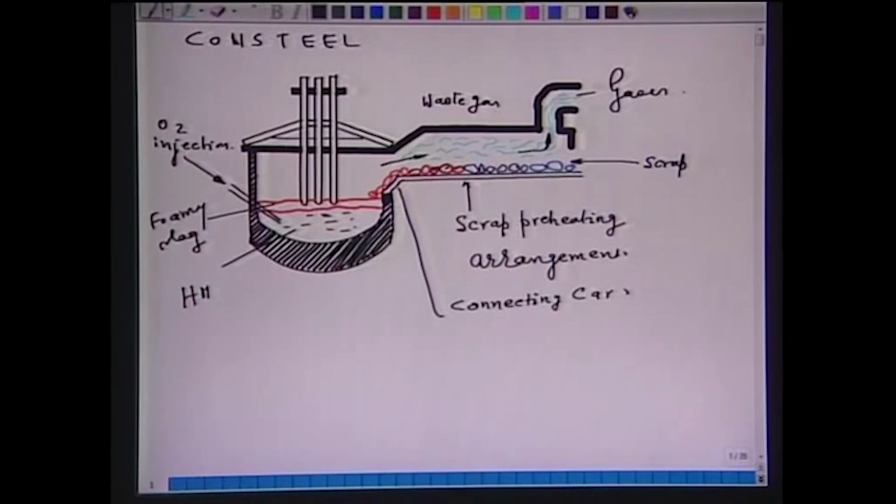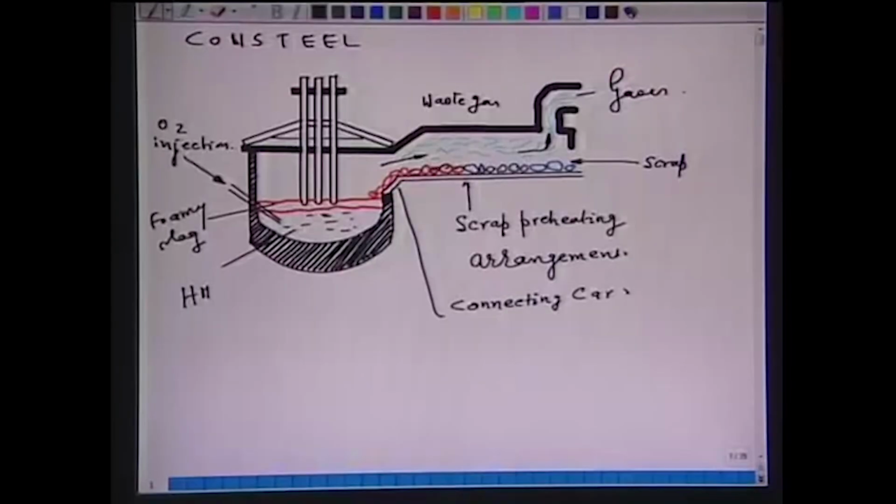Now, it looks very easy, but there are several complications and intricacies involved. One of the main intricacies is that you have to connect the electric arc furnace with the scrap preheating arrangement. Second, you have to optimize the length of this scrap preheating section, such that the desired temperature of scrap could be attained, because the gases are moving continuously and the scrap is also moving continuously. So, it is the residence time of the waste gas in the preheating section that will decide the temperature to which the scrap could be preheated.